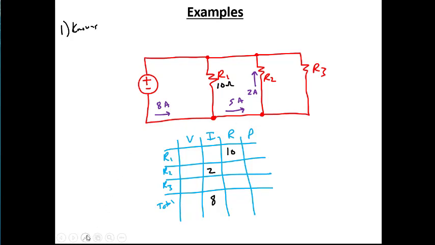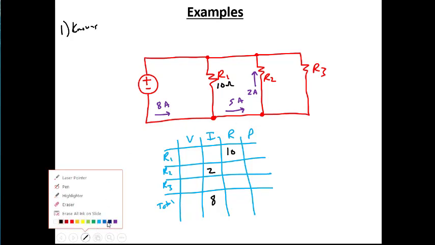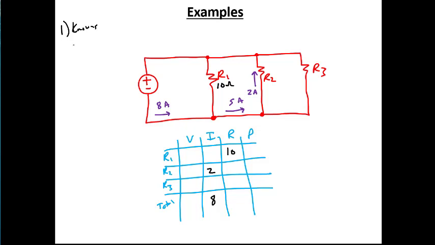But if we look here, as far as our steps go, step 2, what we're going to try to do is figure out what we can find. So if we have 5 amps going into this node and 2 amps going here, this current is going to be 3 amps. So I3 is going to be 5 minus 2.